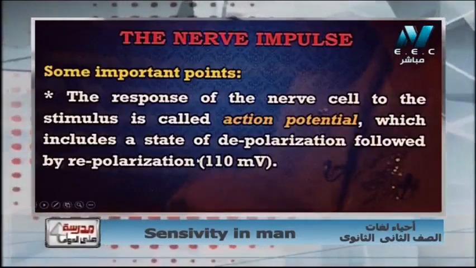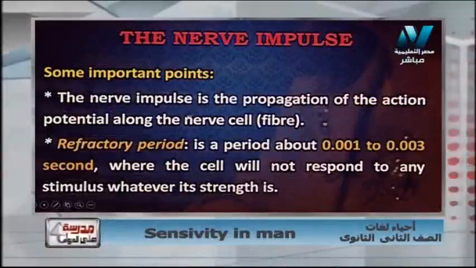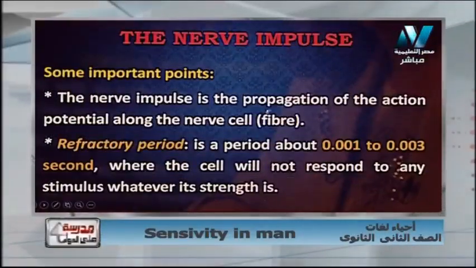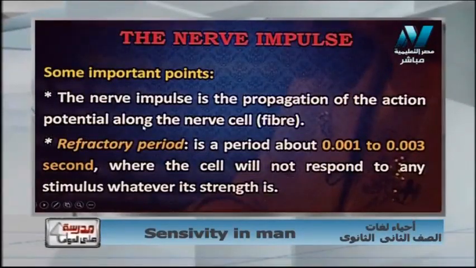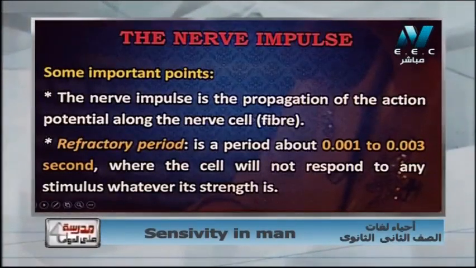And it ranges between negative 70 millivolt to positive 40 millivolt, which means 110 millivolt. The nerve impulse is the propagation of the action potential along the nerve cell or the nerve fiber, that is the axon.